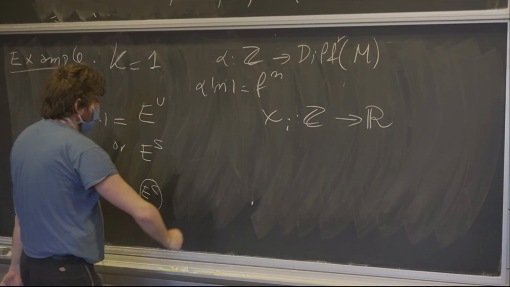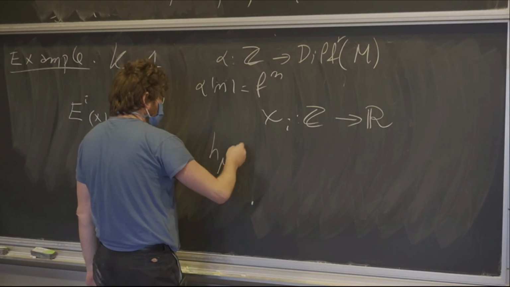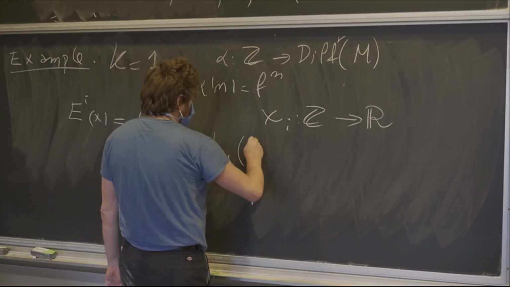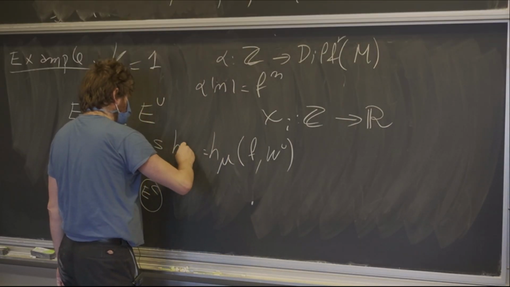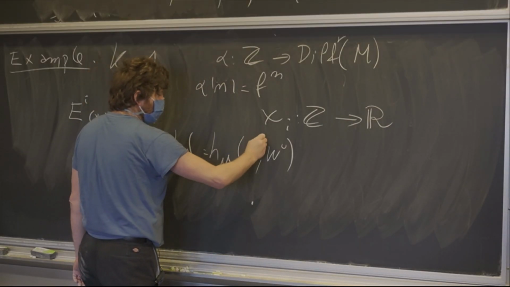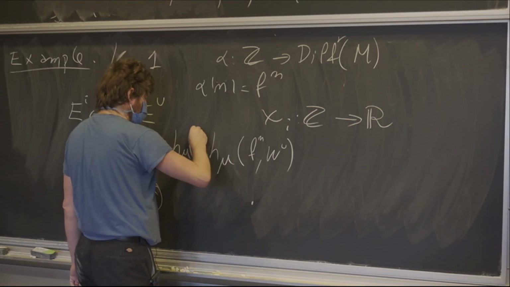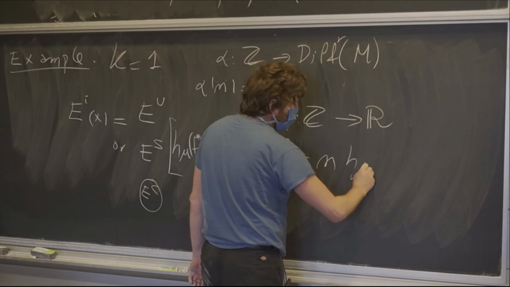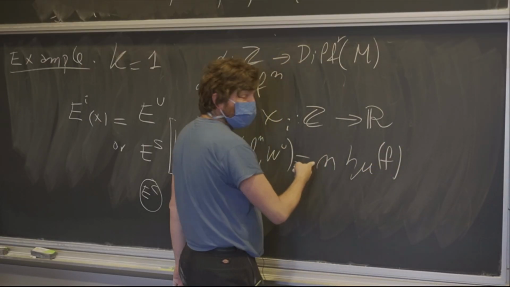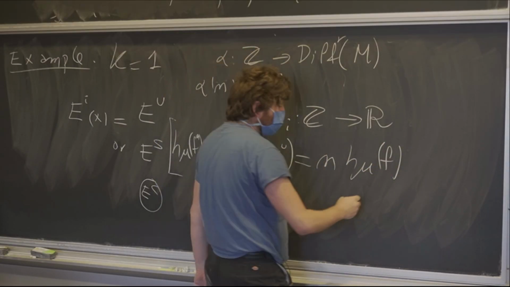And so in this case, I'm just saying h mu of f Wu, which is, on the other hand, h mu of f to the n. This is n h mu f actually. So this we know, and this is the same as what I wrote upstairs.